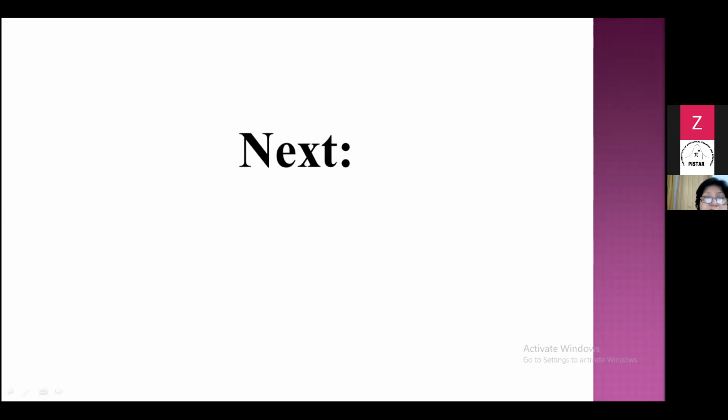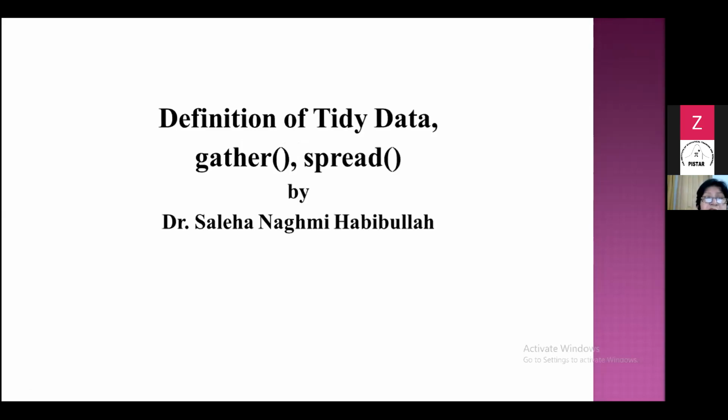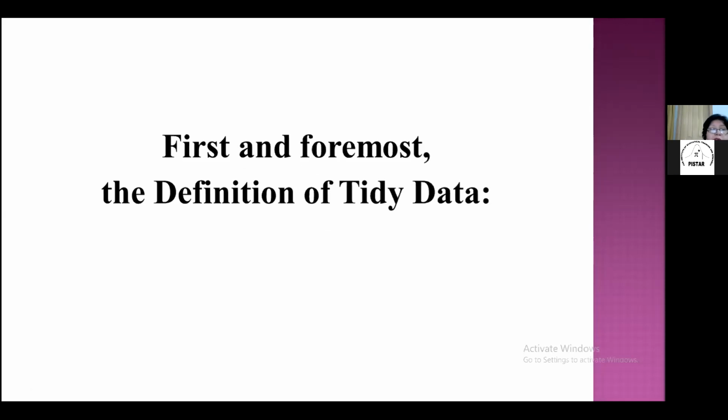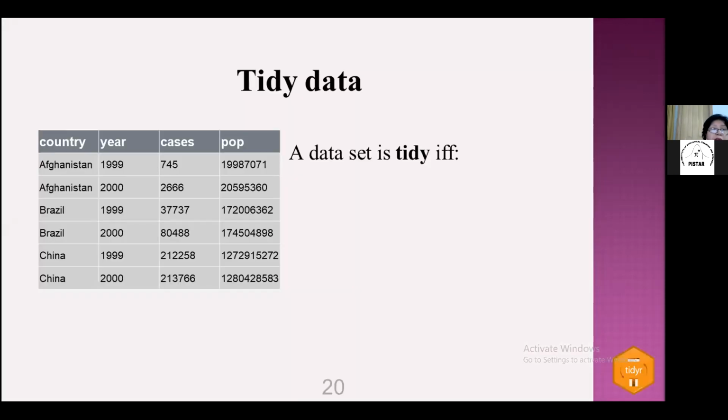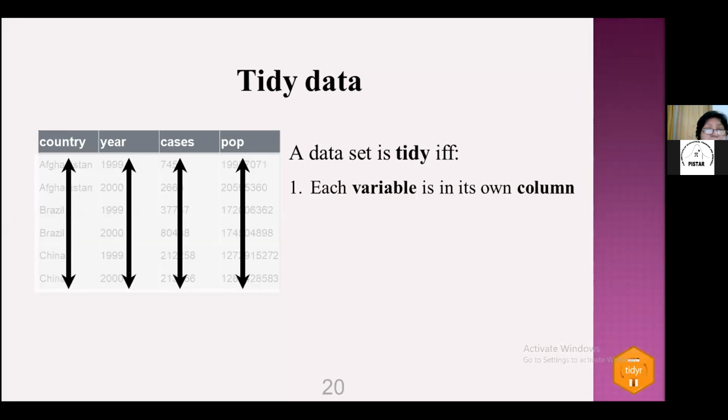All right, ladies and gentlemen, the next thing is, what is tidy data? Because the first thing is that we keep on saying tidy, tidy. We need to understand what is meant by this term. And after that, I'll talk about those two functions, gather and spread. So, ladies and gentlemen, a data set is tidy if and only if each variable is in its own column.